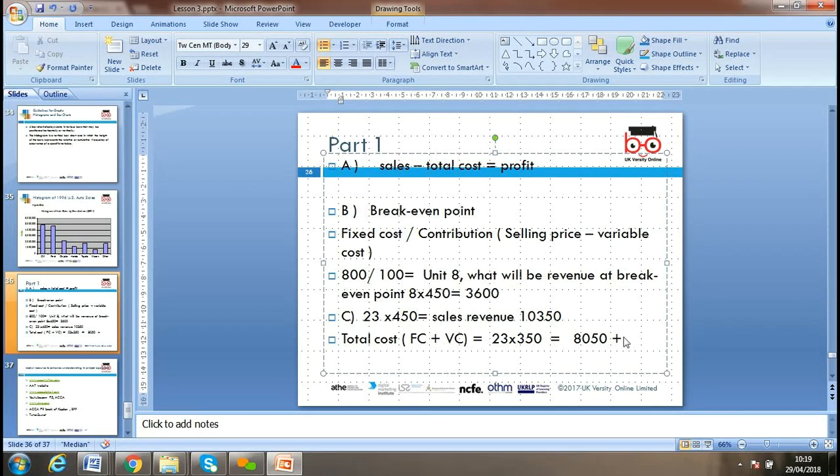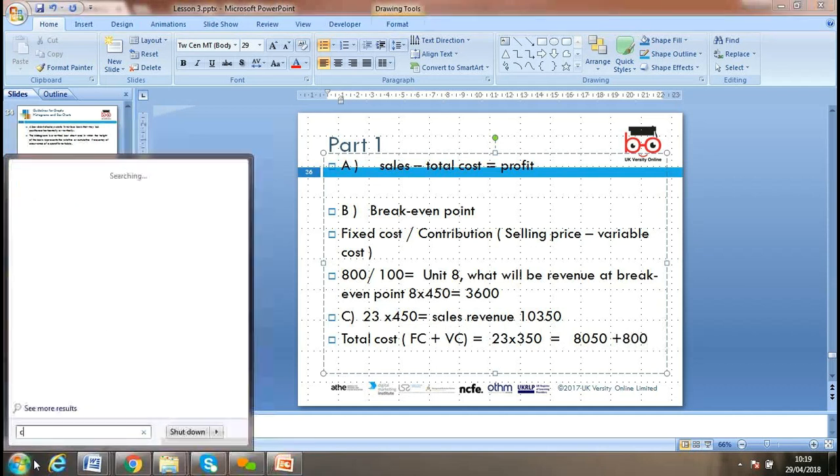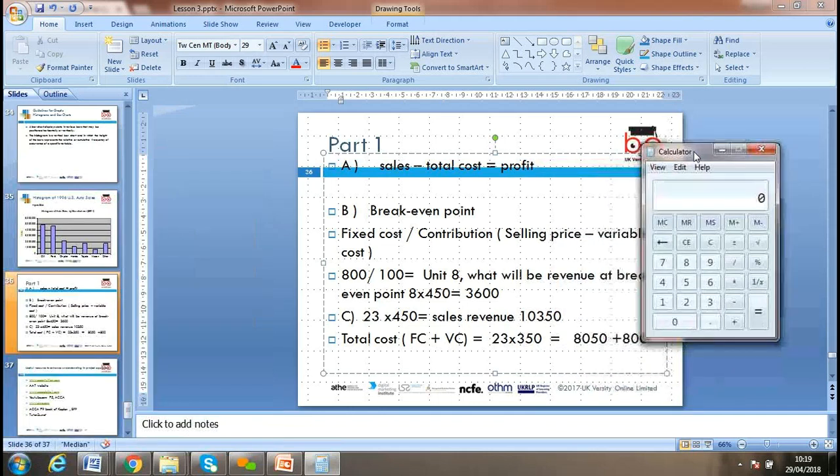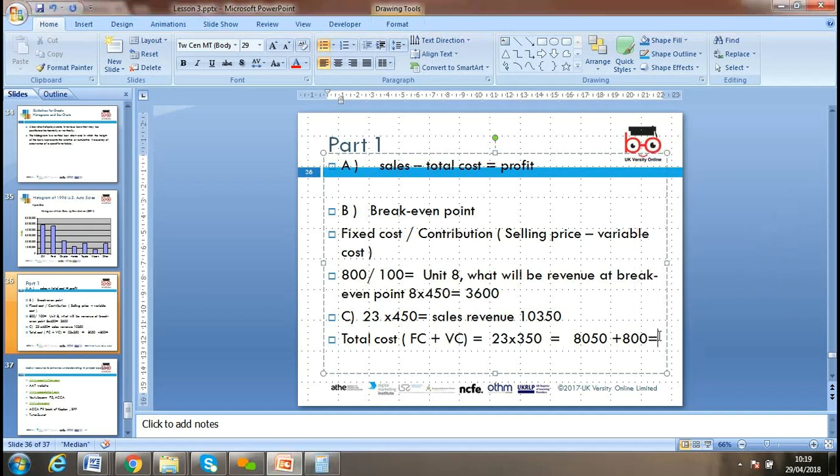So that's 800. So now sales 10,350 minus 8,850 equal to 1500.